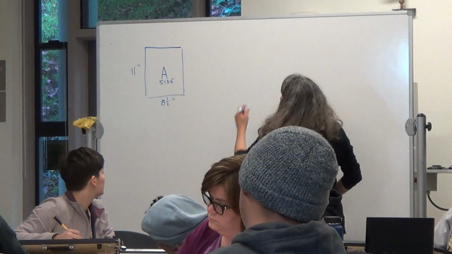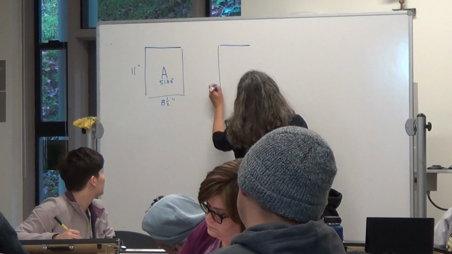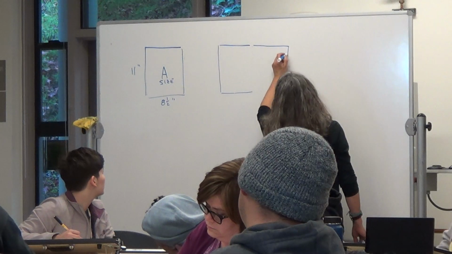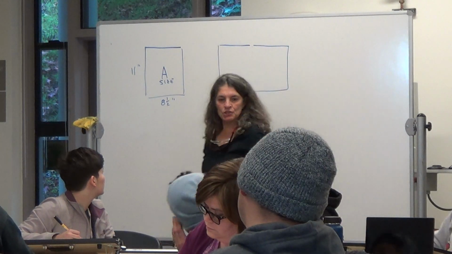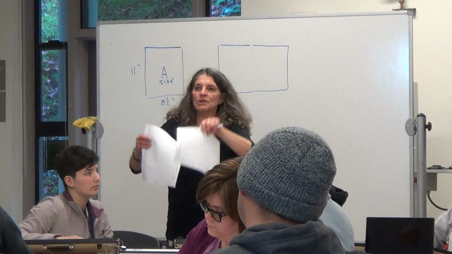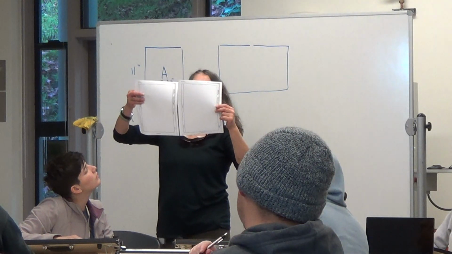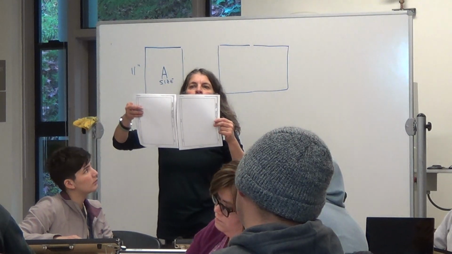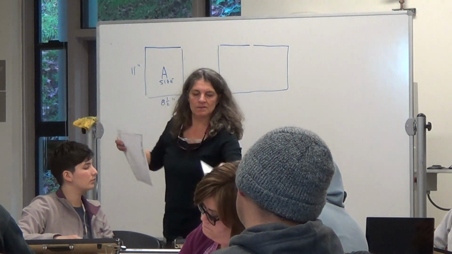Okay? B size paper is double A size. So if I take two sheets, and it's one sheet, this is a B size paper. And accountants would call it ledger paper. Have you ever heard that word, ledger? So this is B size.